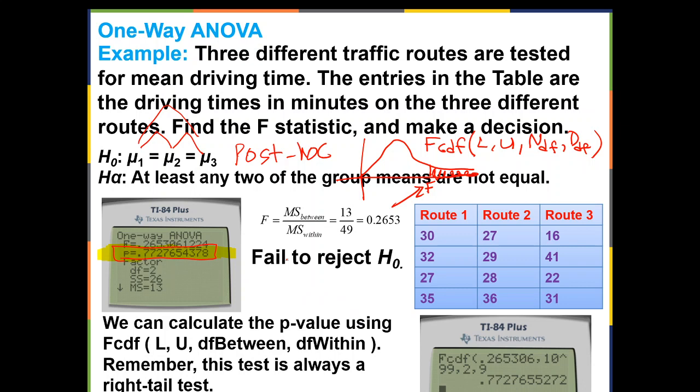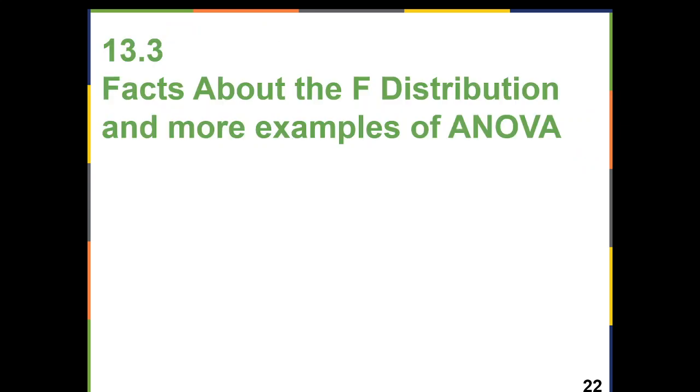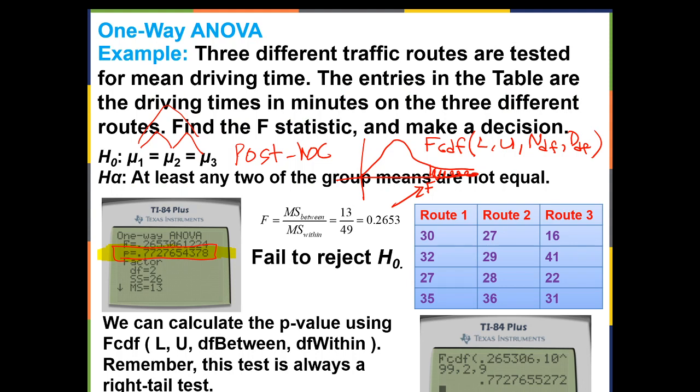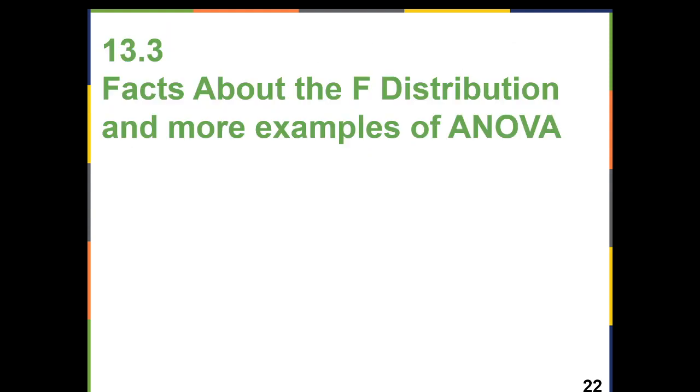But we're not going to do that because the calculator already gives you that p-value. So the p-value is 77%, right? So our decision is fail to reject the null hypothesis.